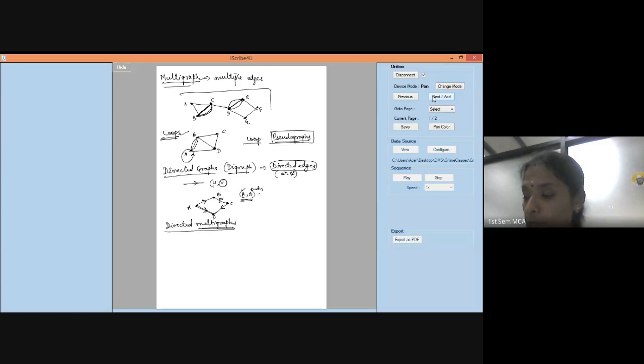That means between any pair of vertices, you can have multiple edges. You can have multiple edges between the same pair of vertices. That is what you call a multigraph. A directed multigraph means the edges are directed, but still you can have multiple edges between the same pair of vertices. Let me take an example.